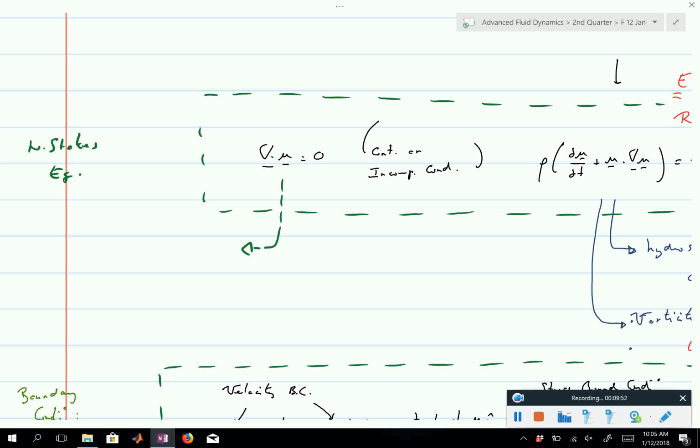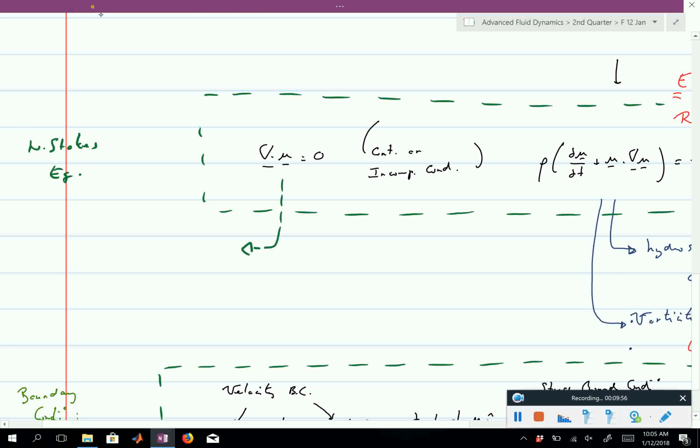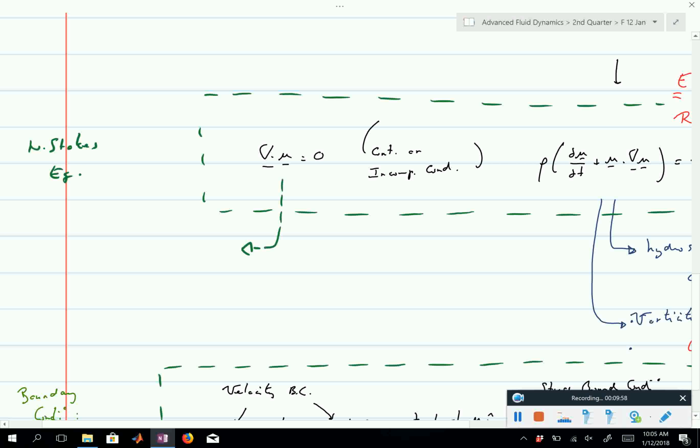And when the flow is incompressible, then if you have a 2D flow, a 2D planar flow, then you can write everything in terms of the stream function. And we also defined a Stokes stream function for axisymmetric flows.